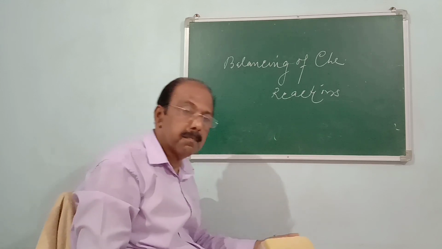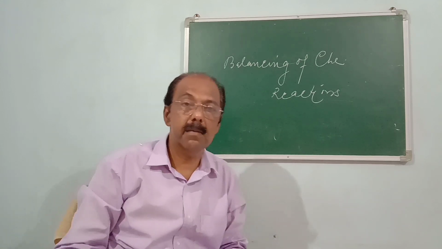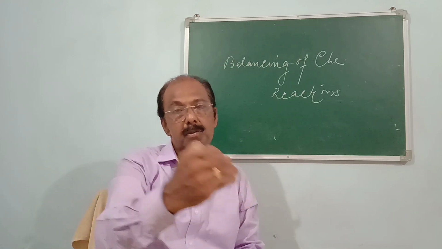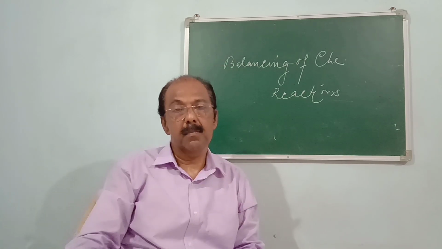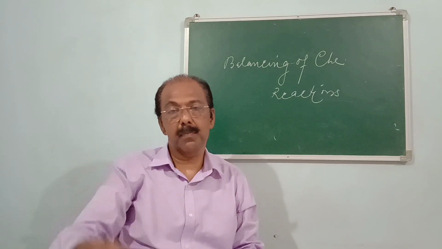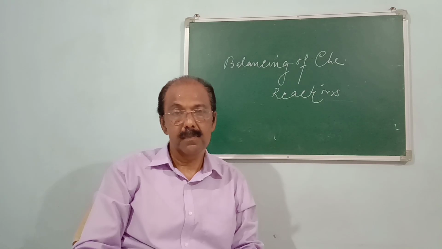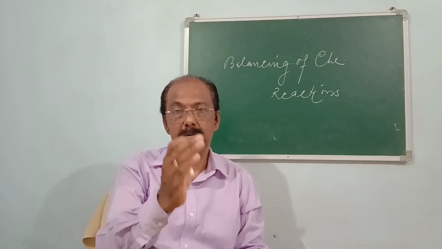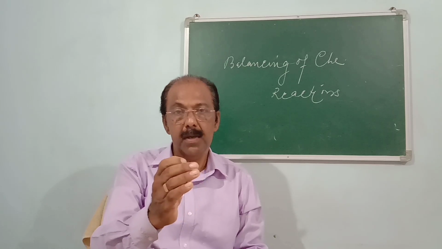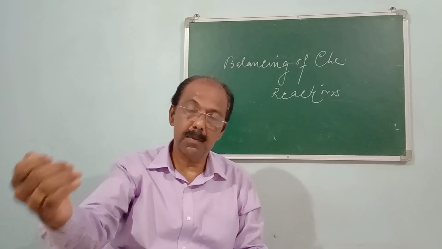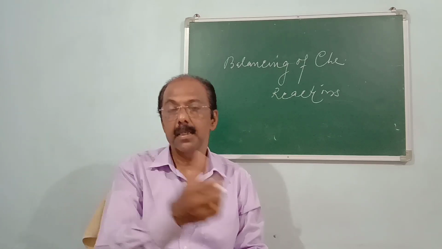The law of conservation of mass states that in a chemical reaction, the total mass of the reactants and the total mass of the products remain the same. That means the number of atoms of elements that react and the number of atoms of elements formed in the product remain the same.